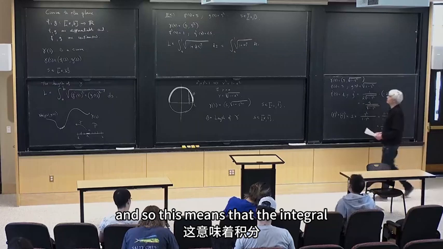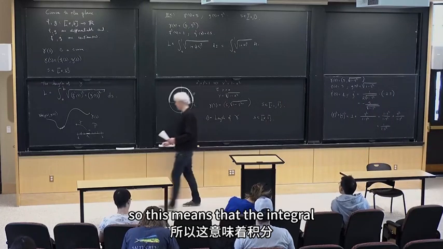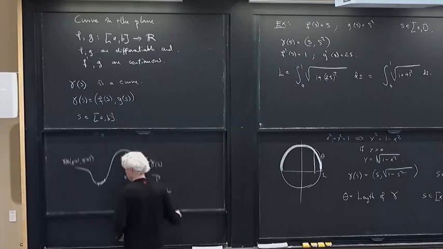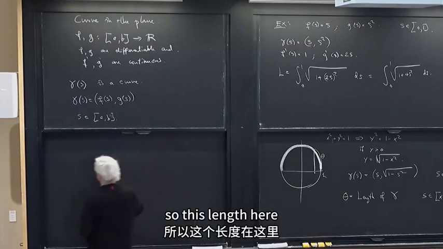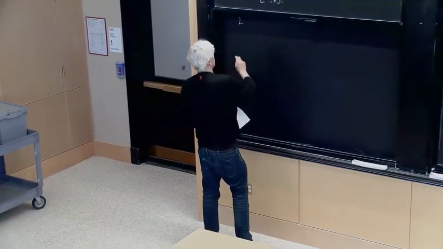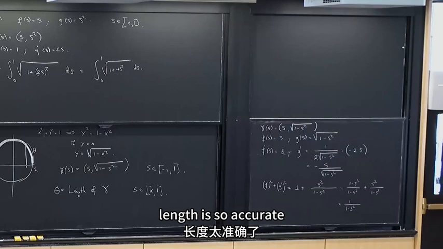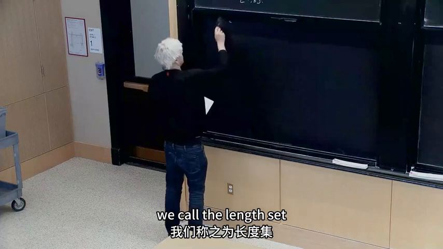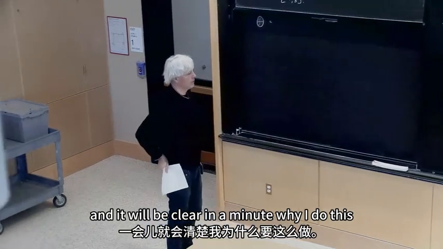And so this means that the integral, so this length here, and the length is, so actually we call the length theta, and it will be clear in a minute why I do this.